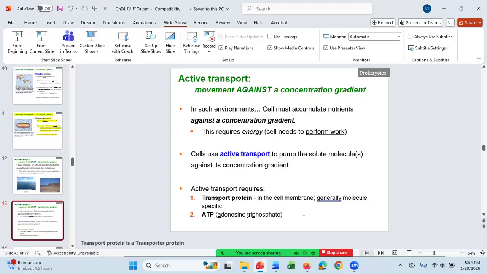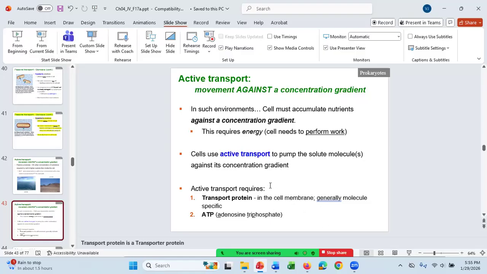The active transport protein is not entirely molecule specific. As you know, we have some drugs which mimic the substrate and bind to the active transport protein. And then that drug will tie up the active transport protein so the real molecule can't use it.